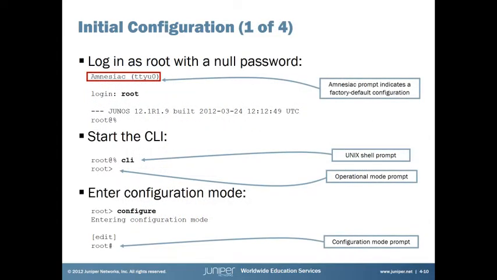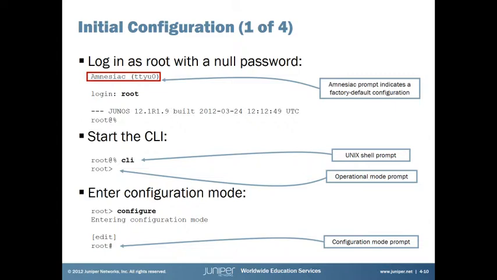Okay, so when you first unpack it out of the box, you get this little amnesiac statement at the top, which is kind of funny, but basically it means I don't know who I am or what I am. It indicates the factory default configuration.